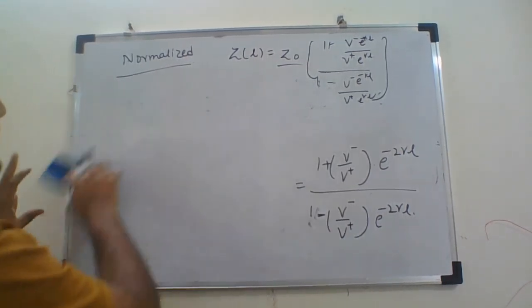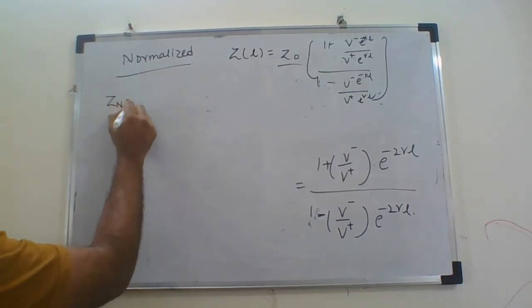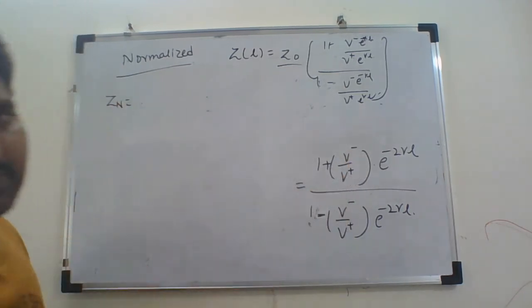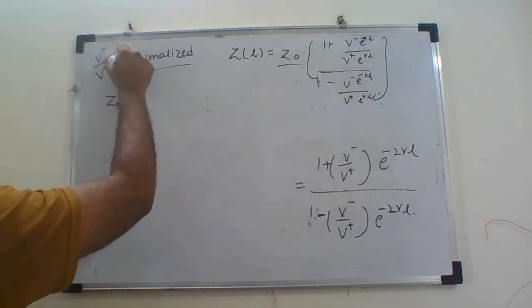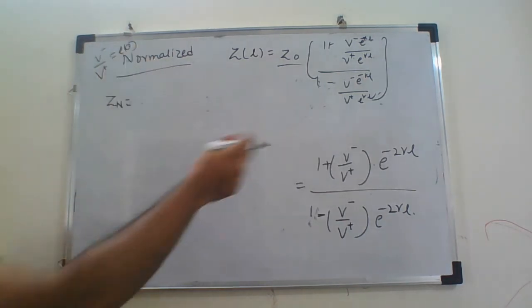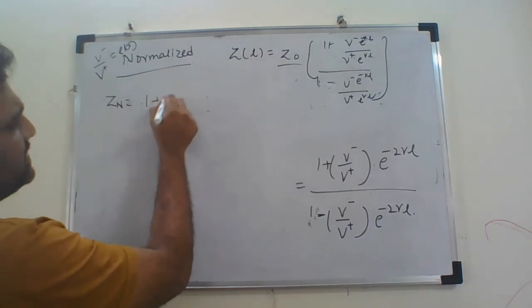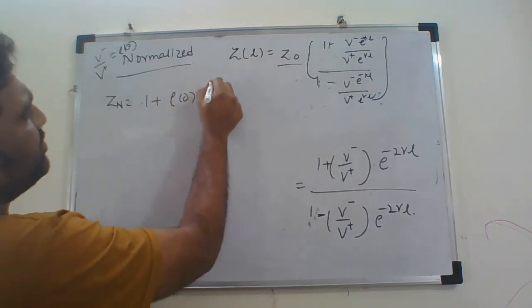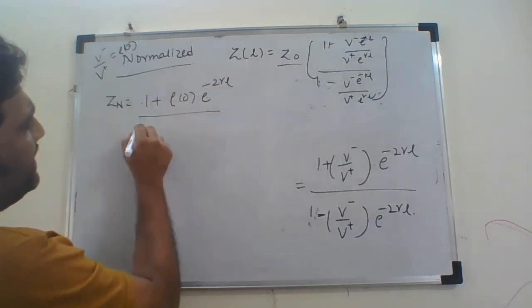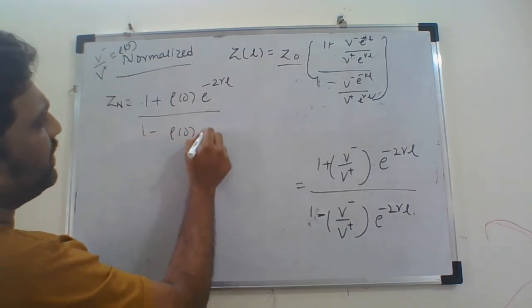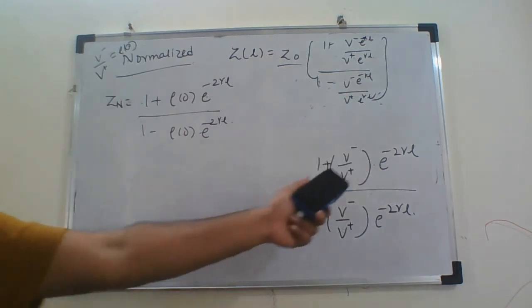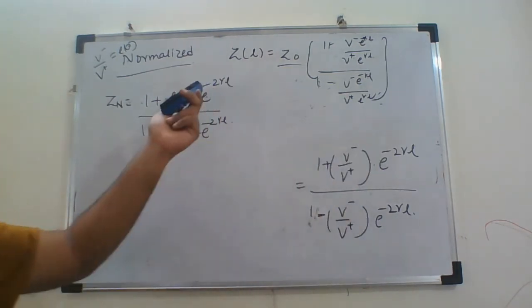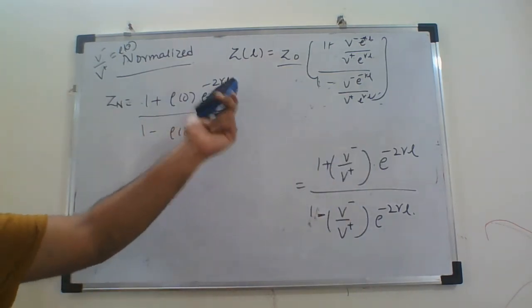So Zn, the normalized impedance, is equal to 1 plus rho of 0 into e power minus 2 gamma l divided by 1 minus rho of 0 into e power minus 2 gamma l. Just now we discussed that V minus by V plus is nothing but rho of 0.